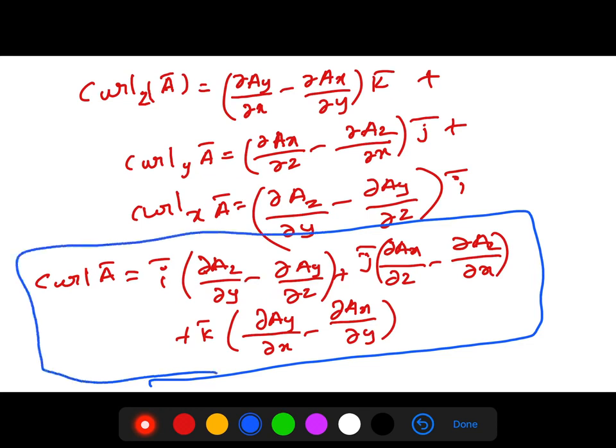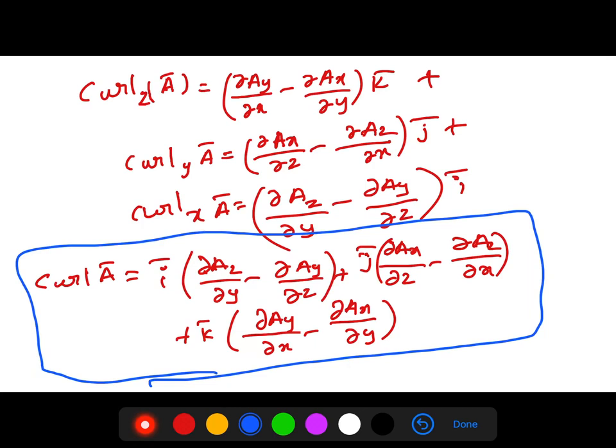So this one can be further expressed in a simplified way instead of this bigger one. Here what we have to observe: I bar into dou Az by dou y minus dou Ay by dou z, plus j bar into dou Ax by dou z minus dou Az by dou x.